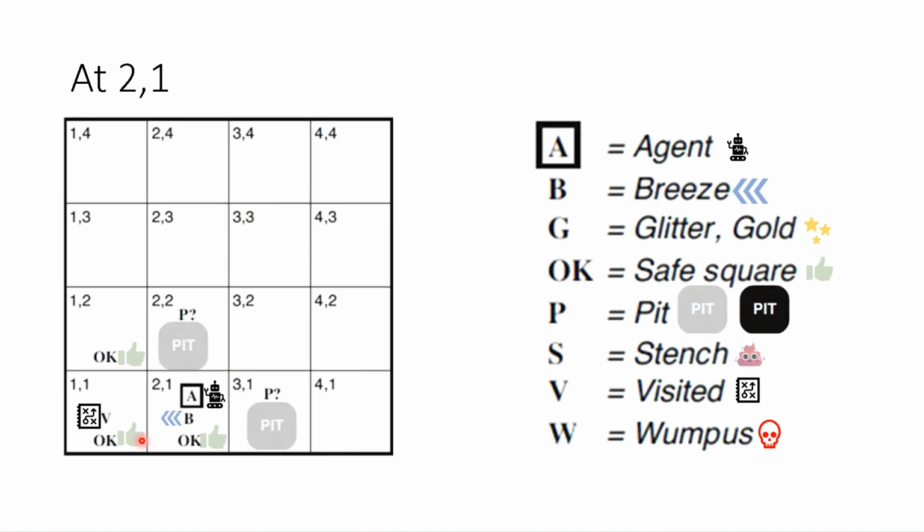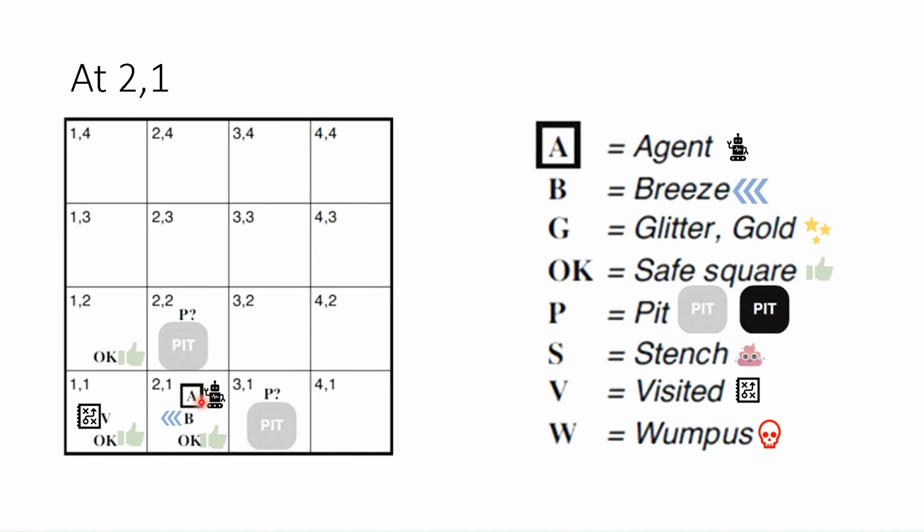After this, we mark 1 comma 1 as visited and go to 2 comma 1. Once we go to 2 comma 1, we feel a breeze as mentioned here. So what does it mean? If there's a breeze, it means that there is a pit nearby. Remember, pits can release a breeze one below, one to the right or to the left or above it.